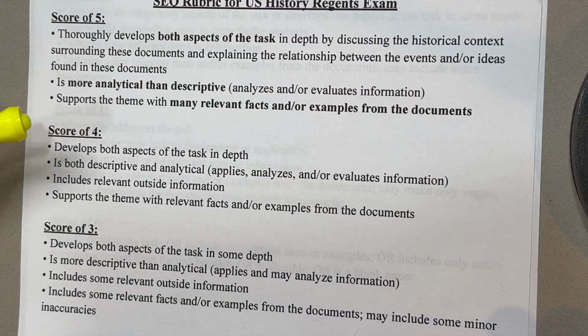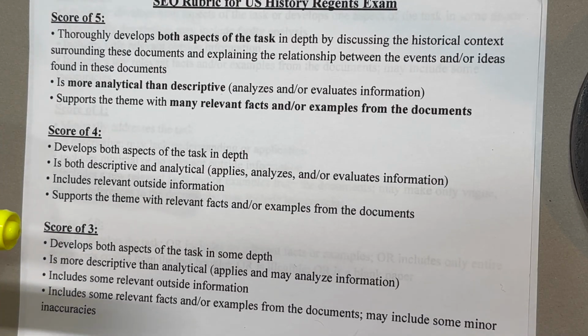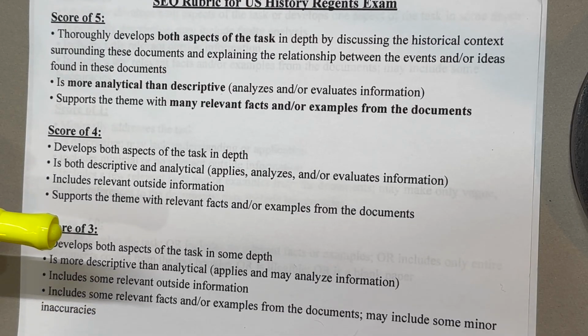The second bullet point involves comparing the two documents. Somewhere at the end of that first paragraph, you want it to be clear which of the choices you made, and that might be cause and effect, similarity difference, or turning point. Cause and effect means you're talking about how these two documents examine both the cause or reason for an event taking place and the effect, what changed as a result of that event.